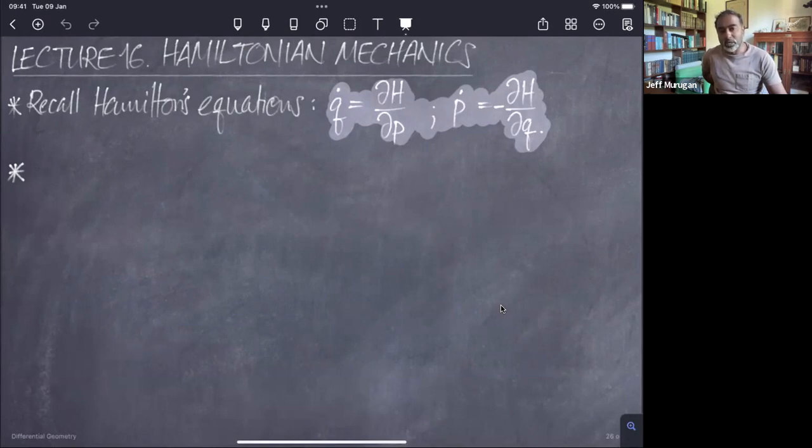And then I want to introduce the idea of a Poisson bracket between two variables and show you how we can reformulate the Hamiltonian equations in terms of the Poisson bracket.